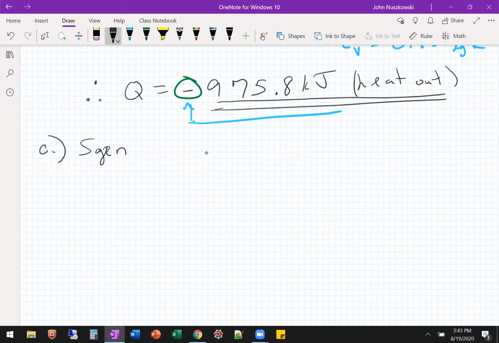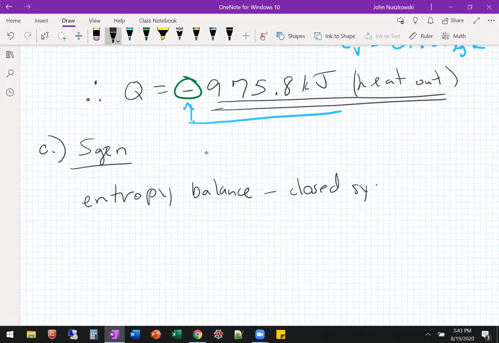So where do we start to get S gen? The entropy balance, closed system. Yes. So S gen is in the entropy balance, closed system.